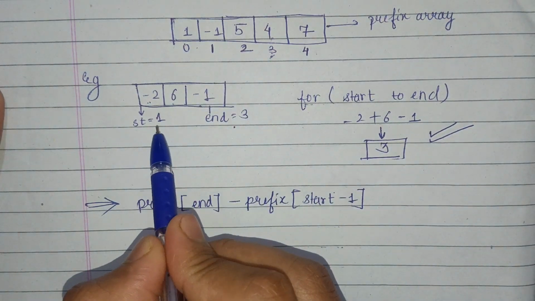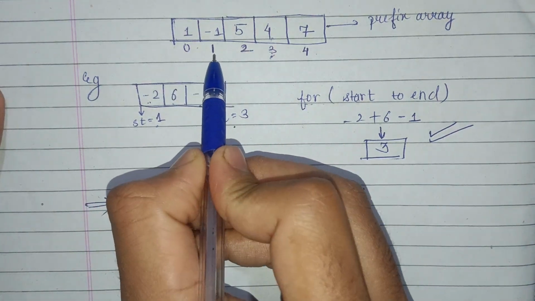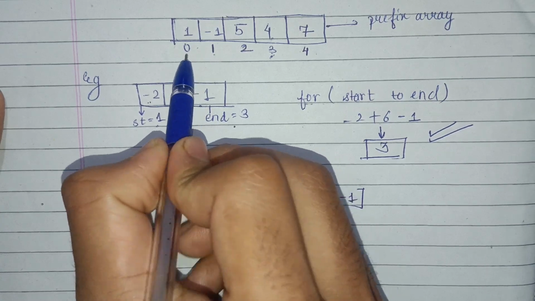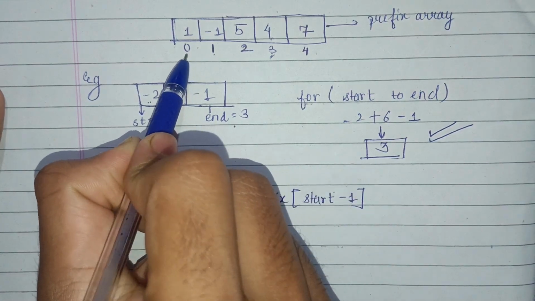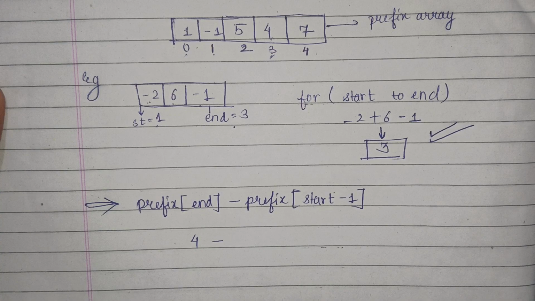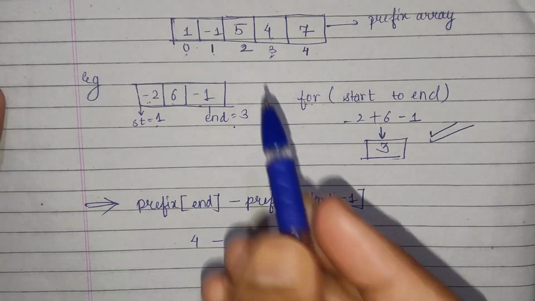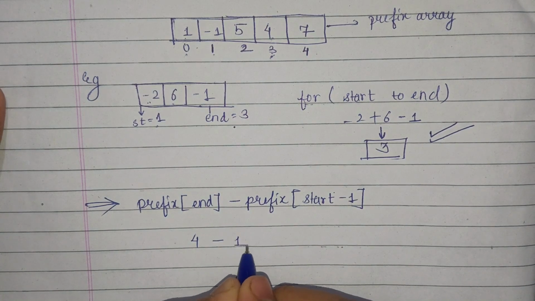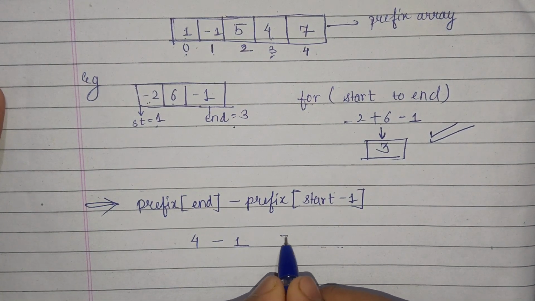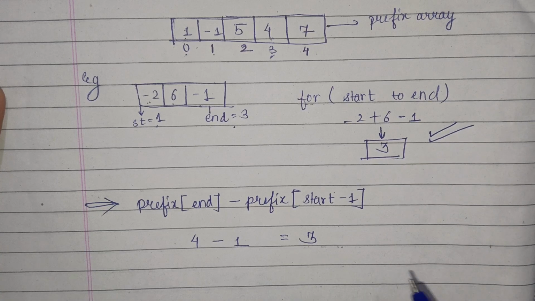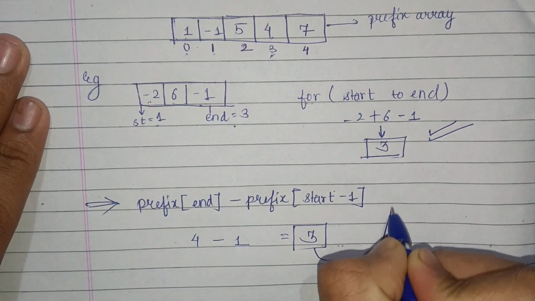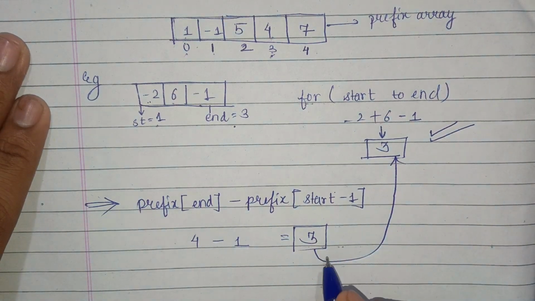Here start minus 1 means prefix of 0, and in the 0th position the data stored is 1, so we write 1, and the answer will be 3, the same as the brute force approach.